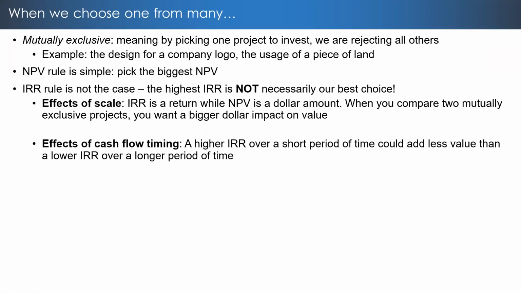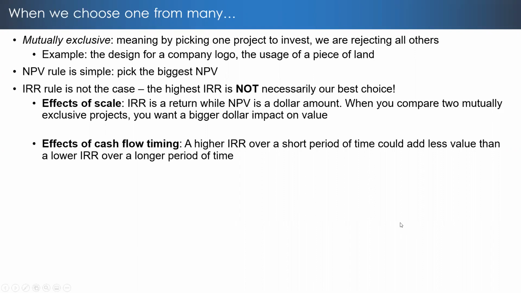And they may have the same IRR, but the net present value of one project could be much higher than the other. So if you have to take one of them, you will of course take the one with the higher net present value. So this is basically why the IRR rule doesn't work under the effects of scale. And the second one, there's another thing, which is related to the investment horizon of different projects.